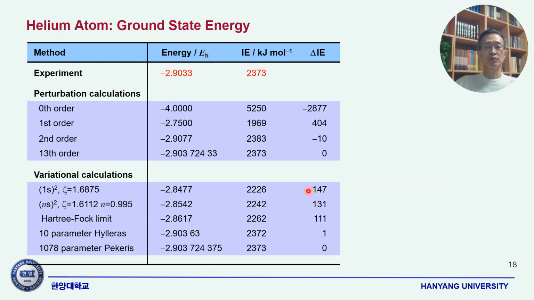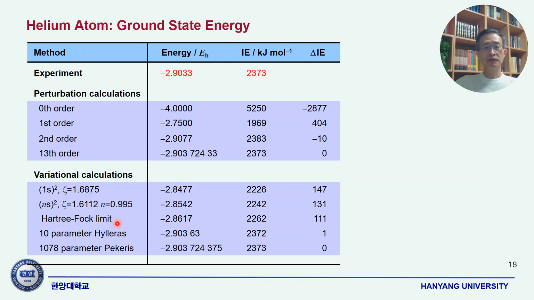I use this number. In terms of variational calculation with only one variational parameter, you obtain this number, which is 147, not very impressive. But adding one more n as a variational parameter, you get this. Then the Hartree-Fock limit, which means you had a 10 variational parameter problem, is 111.